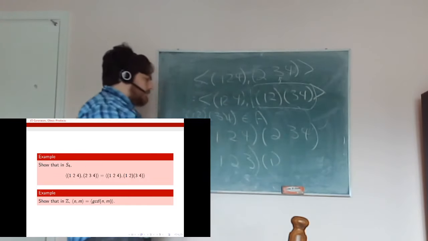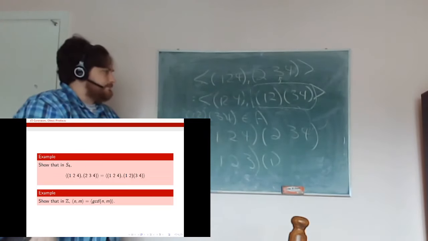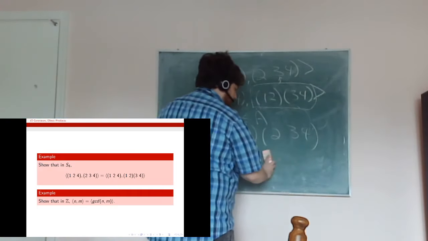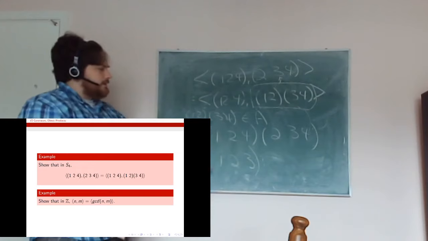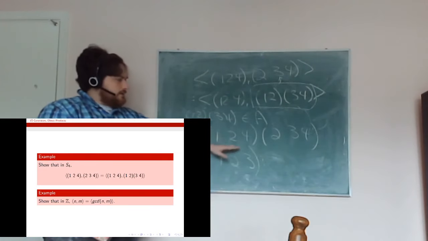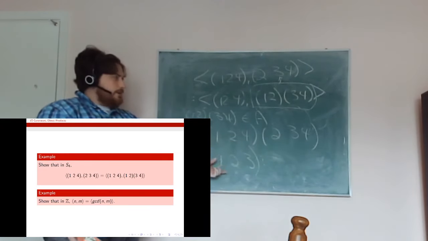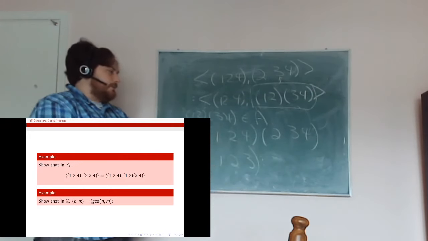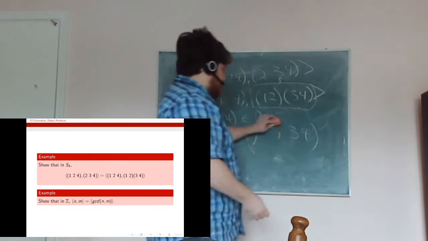So I get (1 2 3), and 1 closes it. Is that what I wanted? Not quite. Let's keep that in mind, though. If I try this way, maybe I'll need (1 2 3) composed with something too. So let's keep that in mind, but let's try the other way and see what happens.